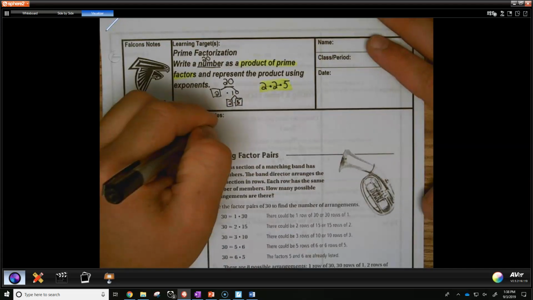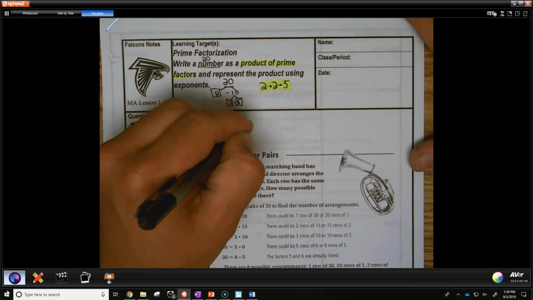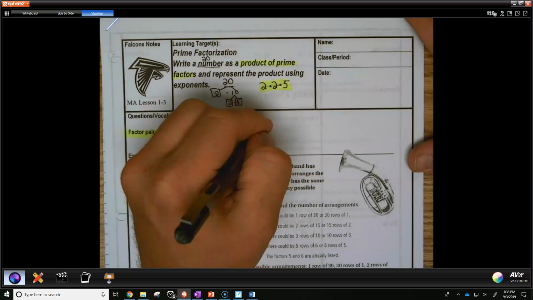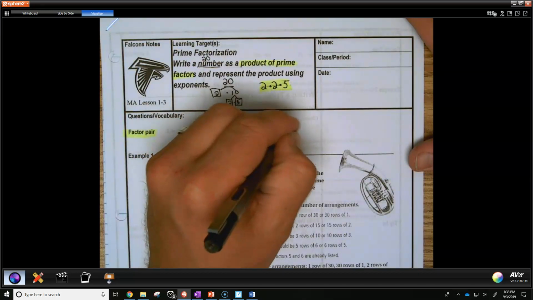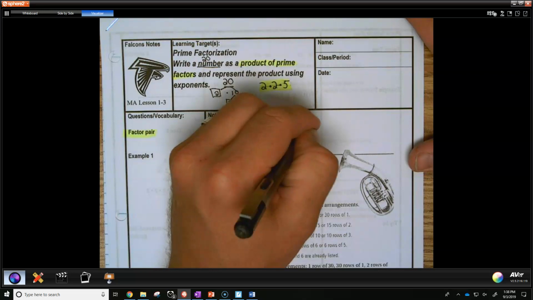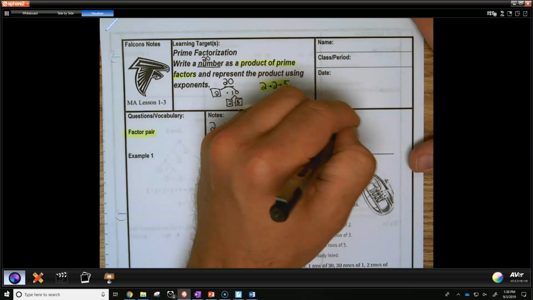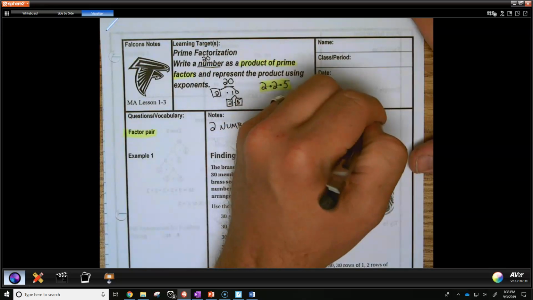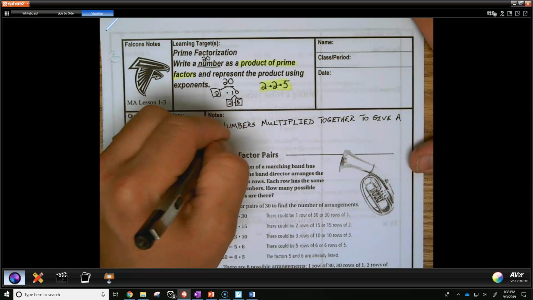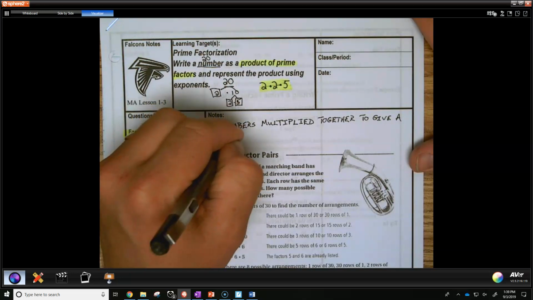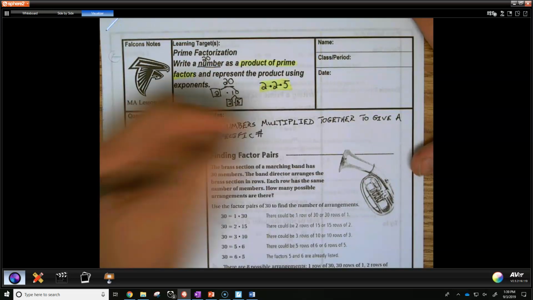Okay, so I'm going to say factor pairs: two numbers multiplied together to give a specific number.